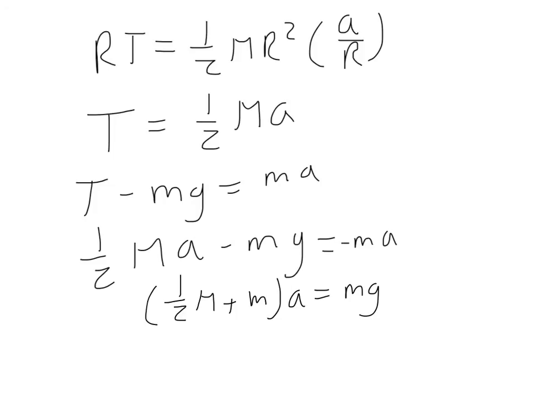Subbing in all of my variables, I can get that the acceleration is equal to 4.8 meters per second squared. So we did a relationship between the torque and the force applied in the tension, and we were able to substitute in all of our variables and get an acceleration of 4.8 meters per second squared.